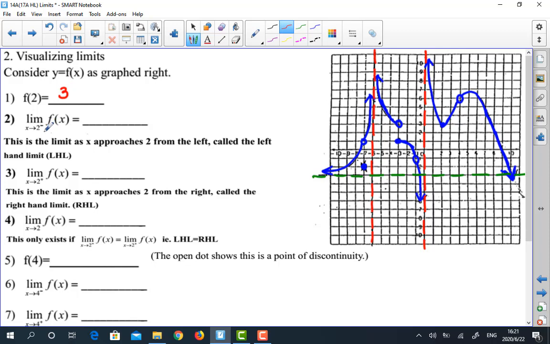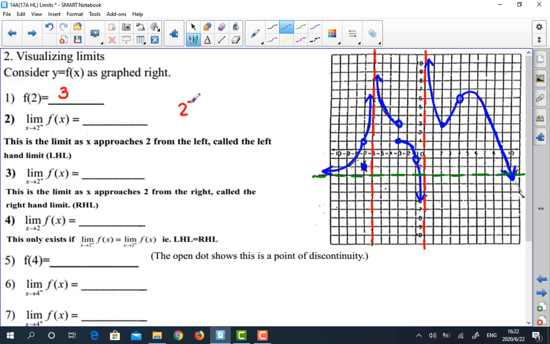The second one, you do have the notation of limit. So this one means I'm looking for what value y can approach when x is approaching 2. And there is a negative sign on the top right of 2.